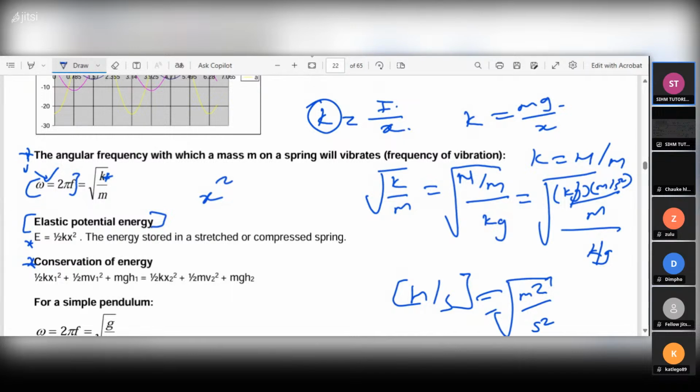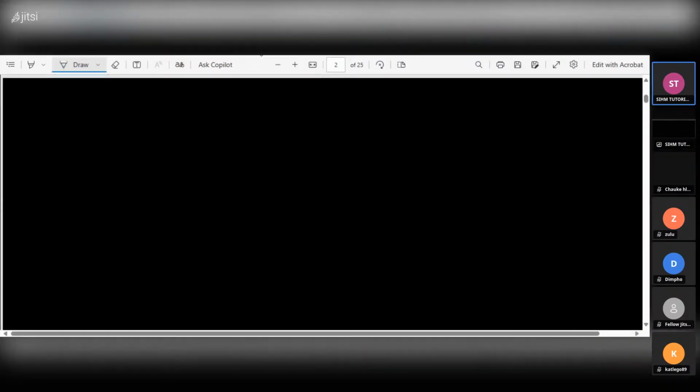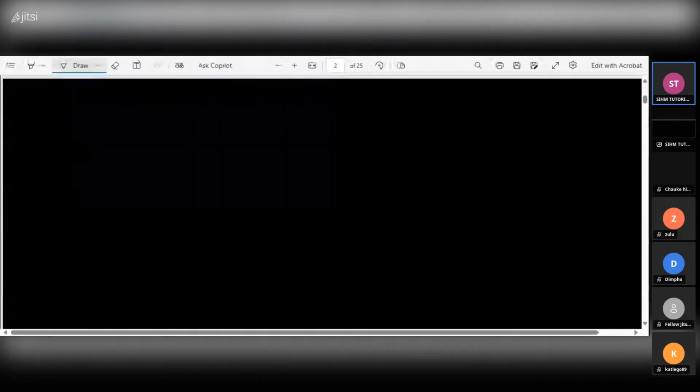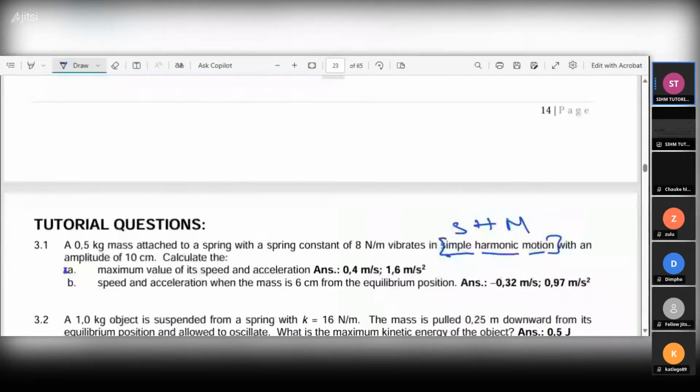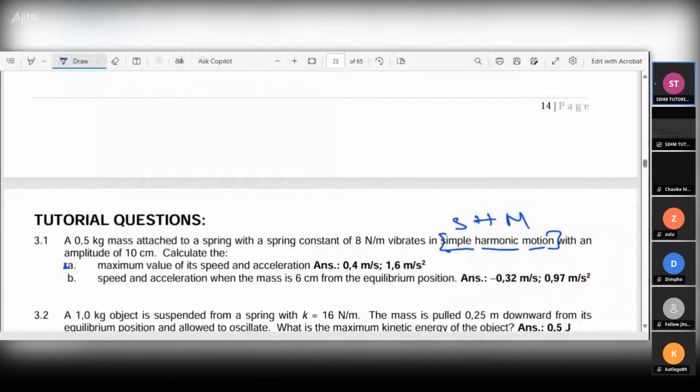So let's try to have a sheet. From this part, I'm going to take the things that we have been given from the question. Here we have the mass, which is 0.5 kg.